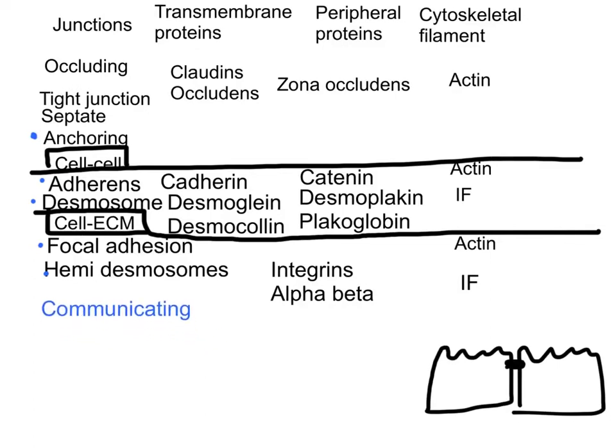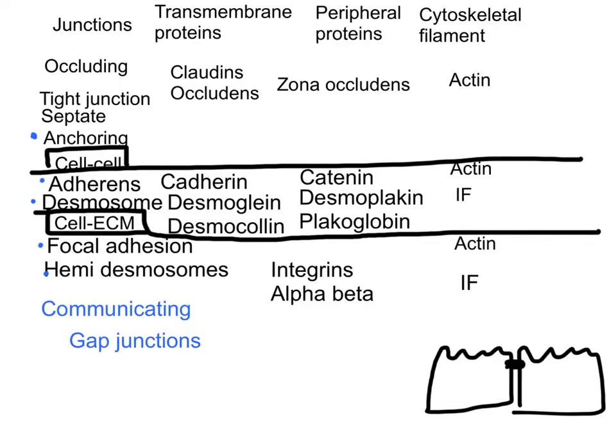Communicating. The one that I talked about in any kind of depth, and incorrectly, was gap junctions. What was the protein involved in this? Connexin. Okay. Now, in gap junctions, was there any filament involved? No, there's no filament.